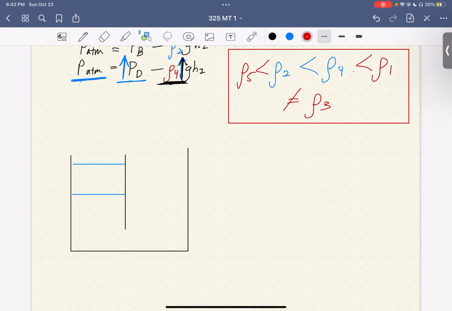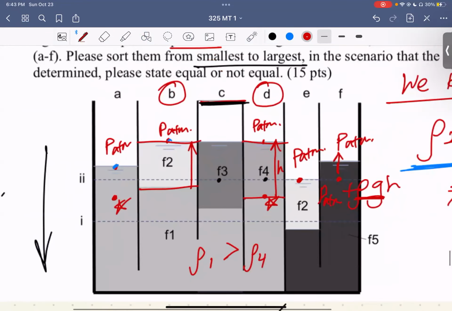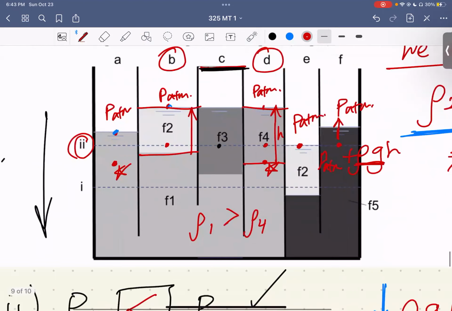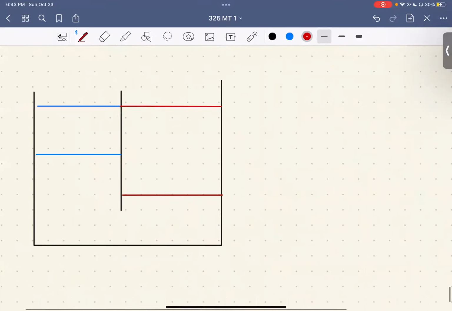Here, and then we have here, and then here, right? So let's take a look at the question one more time. It looks like at height 2, we're in the middle of fluid 2 and fluid 4, right? So let's draw that out too. Great, so it looks like the point in question is around here and around here.